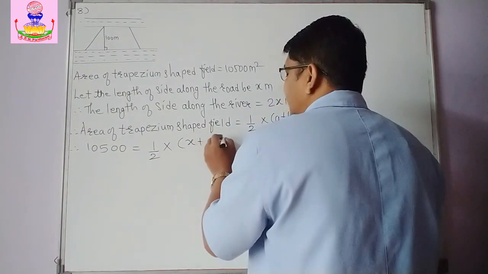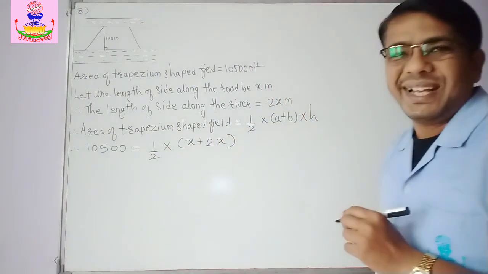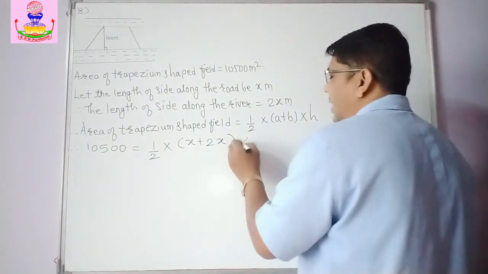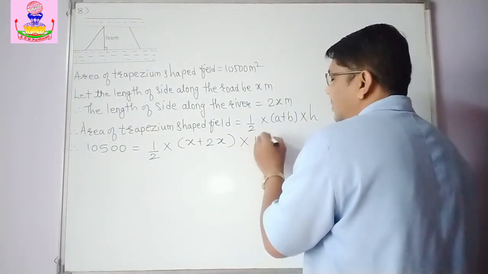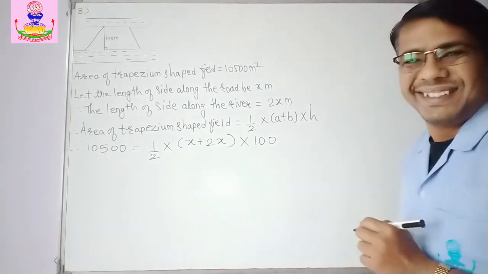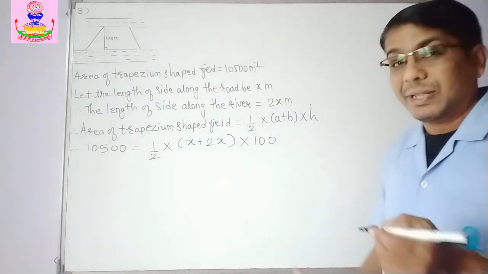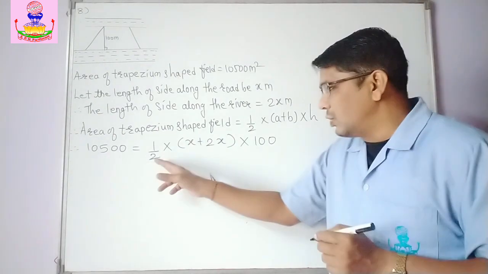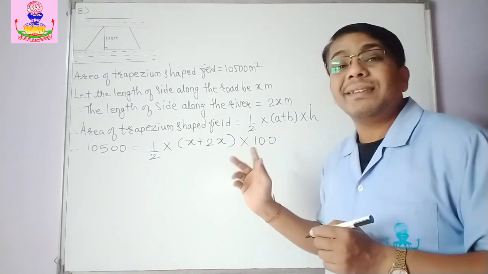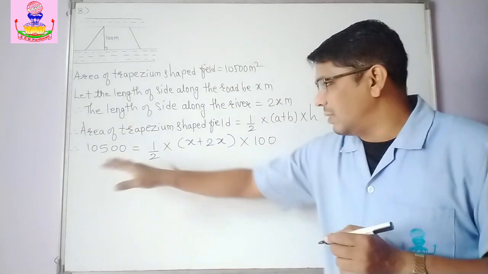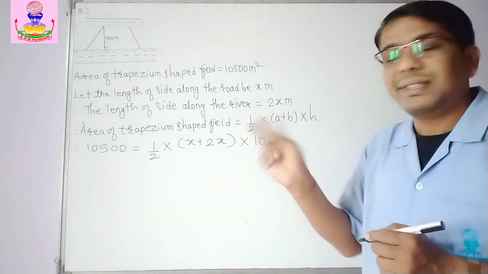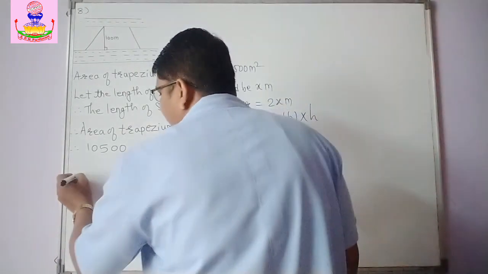So we have assumed them to be x and 2x. So x plus 2x into height. What is the height given? Oh yes, 100. Now don't cancel here, keeping it there makes it easy. Now this 2, when it comes to this side, will be multiplication, and this 100, when it goes there, will go in division, exactly.